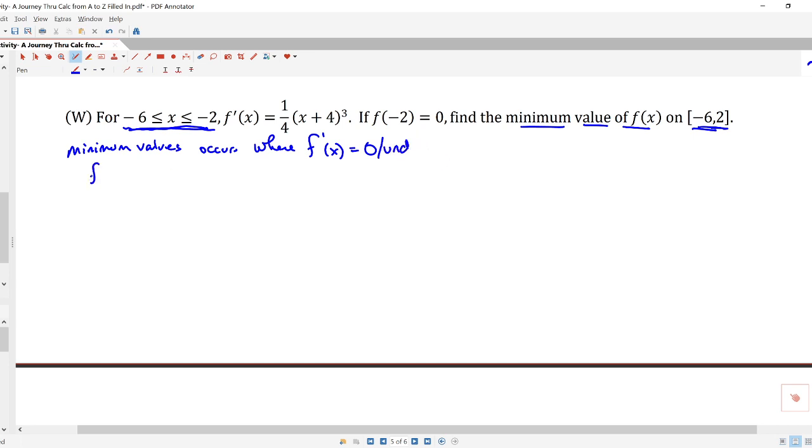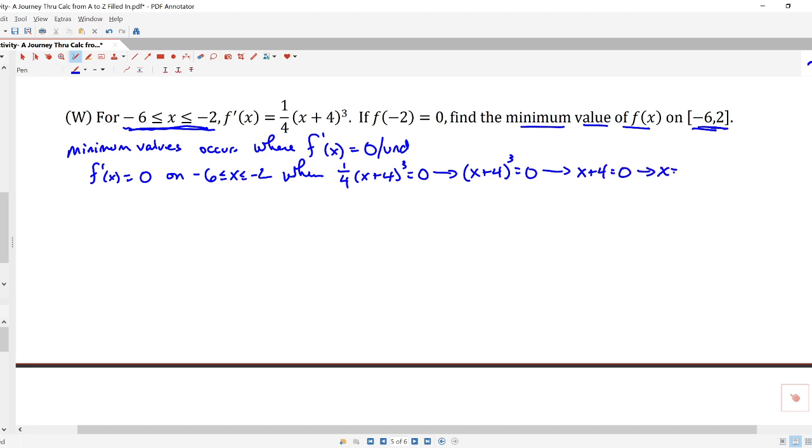So f prime of x is 0 on this interval when, and we're given f prime, 1/4 (x plus 4) cubed is 0. Multiply both sides by 4. Take the cube root of both sides, and we get x equals -4.